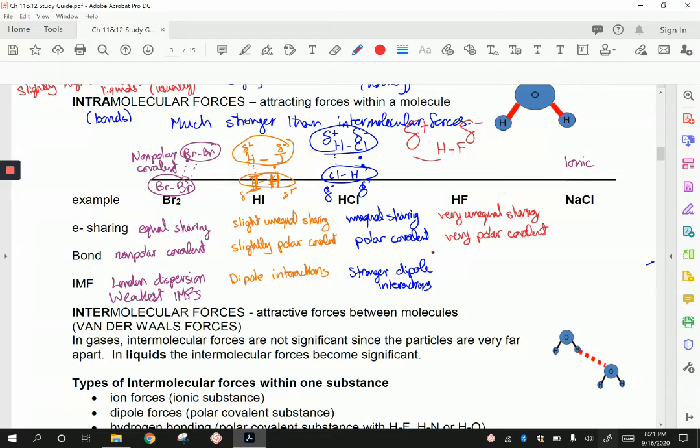And the interactions here, so if I have an HF and another HF here, with these huge partial positives and negatives, I do have an attraction here. And so these are very, very strong dipole interactions that we don't call them dipole anymore. We call them hydrogen bonding. Hydrogen bonding interactions.